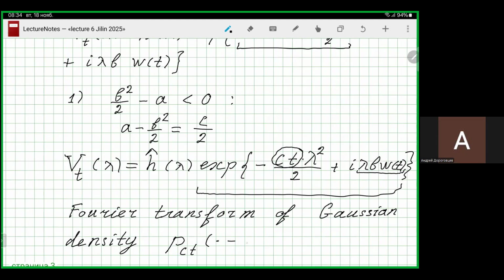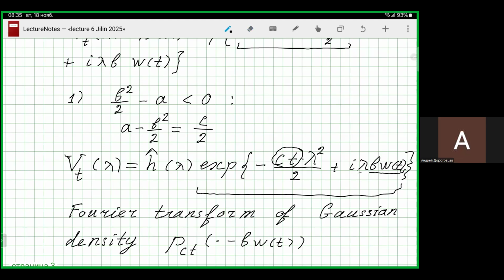Put here minus, only not with lambda, let us with lambda. Minus b multiply on wt. So what happened now?